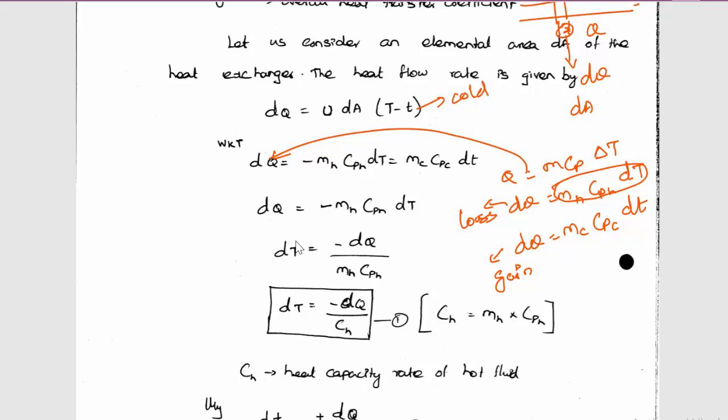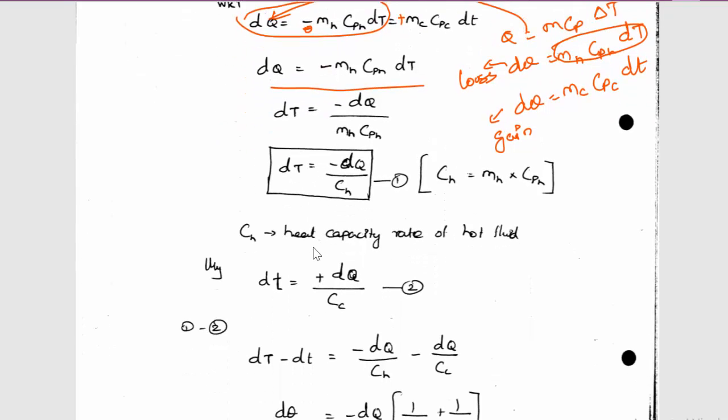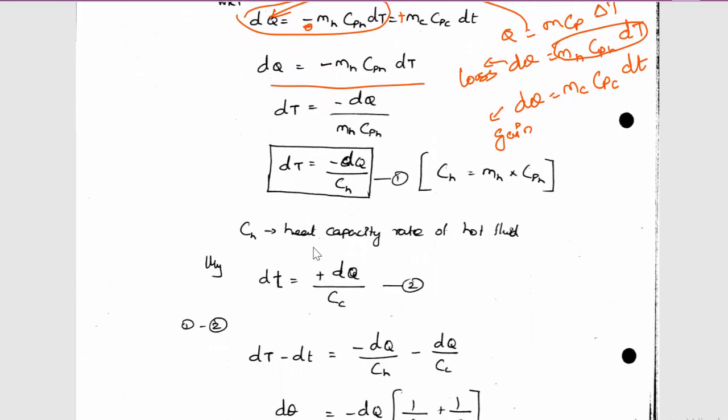So before the hot fluid formula I am putting a minus, whereas for the cold fluid I am putting plus, because it is gaining the heat, and the hot fluid is losing the heat. So I am taking this formula, writing here dq equal to minus mh Cph dT. From this equation dT equal to minus dq divided by mh Cph. So dT can be written as minus dq divided by Ch.